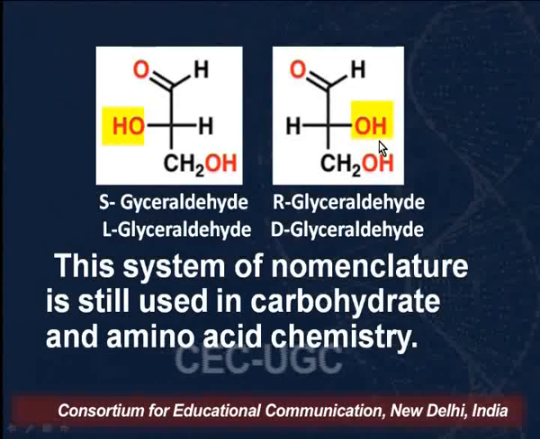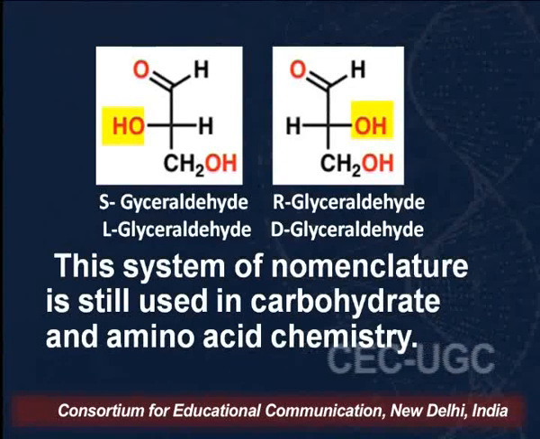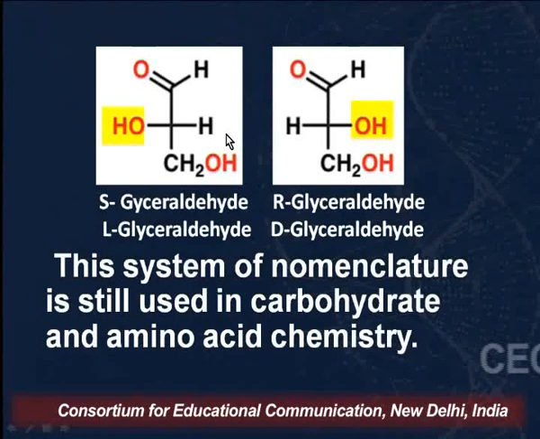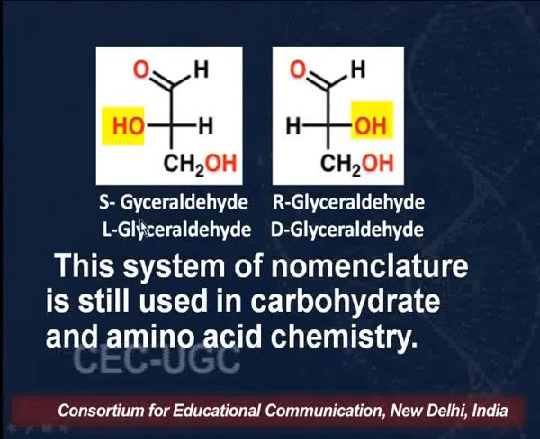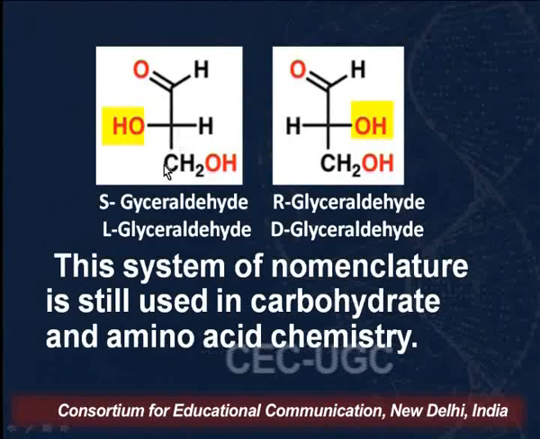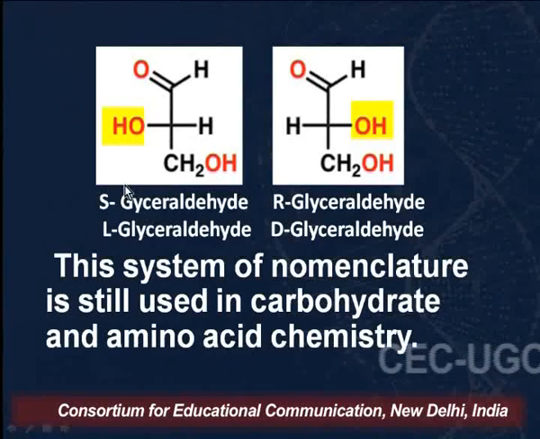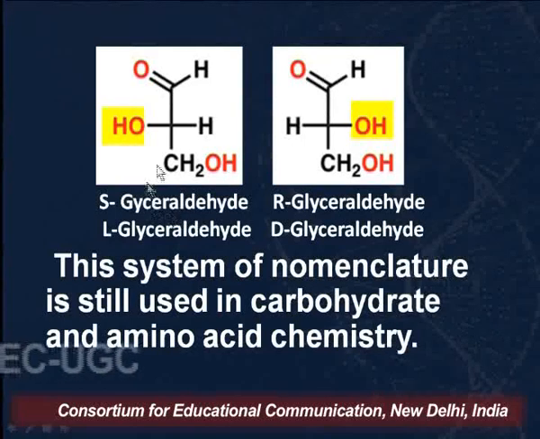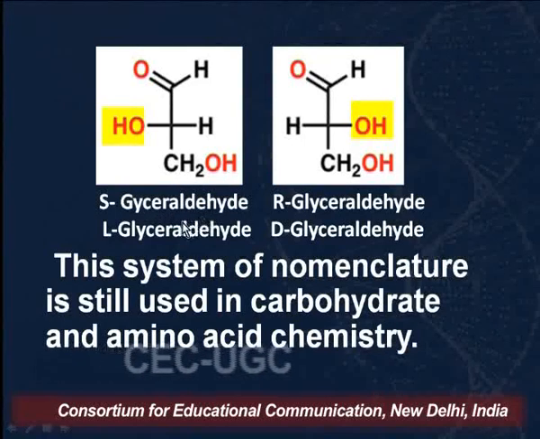So the structure of glyceraldehyde to which Fischer had assigned L, meaning levo, where the OH is on the left hand side, in fact had configuration S, and S stands for sinister, which means left hand side.